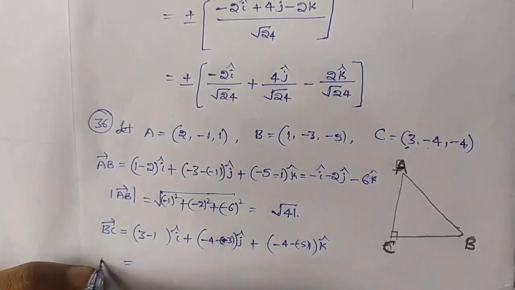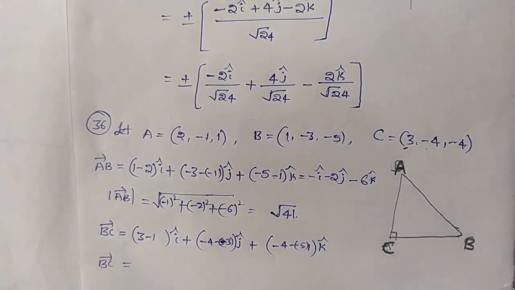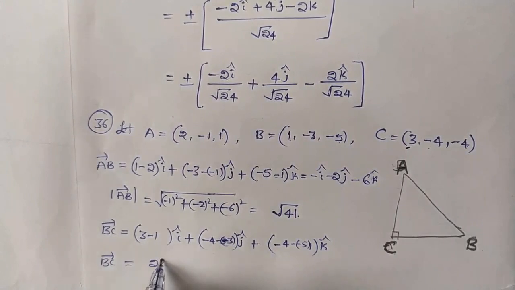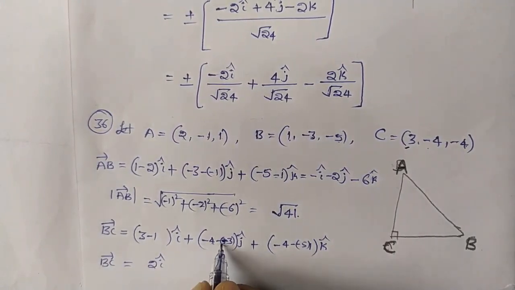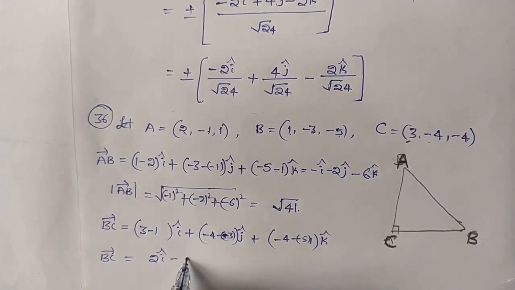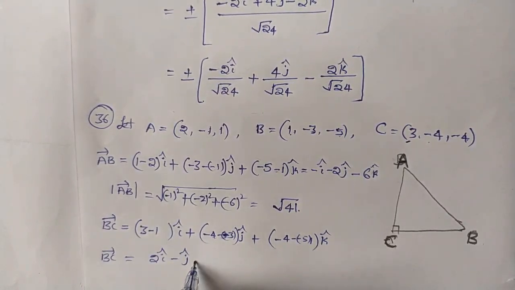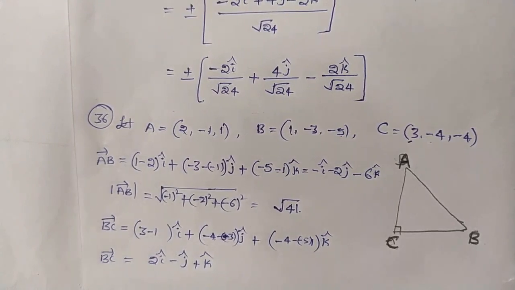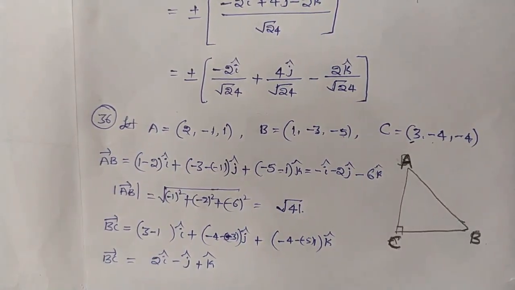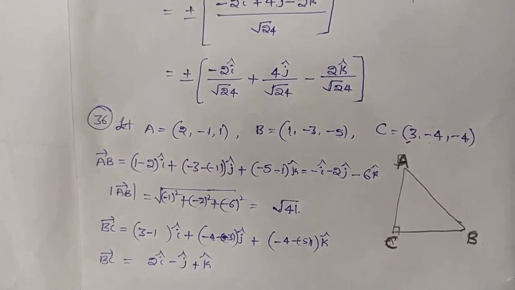So that is equal to BC vector: 3 minus 1 is 2i, minus 4 minus of minus 3 is minus j, minus 4 plus 5 is plus k. 2i minus j plus k.